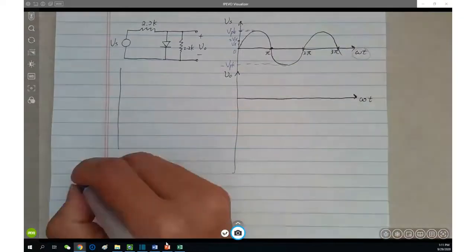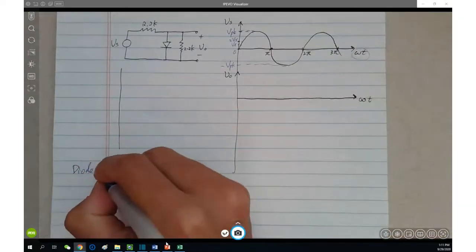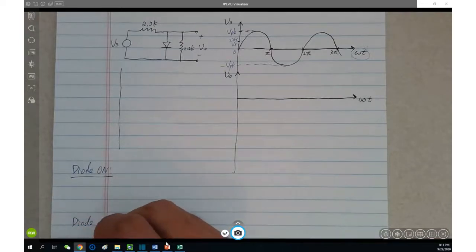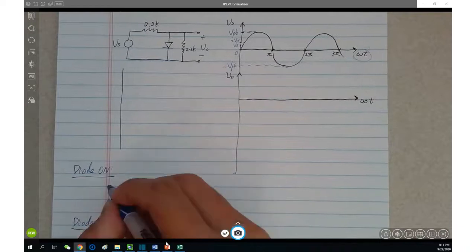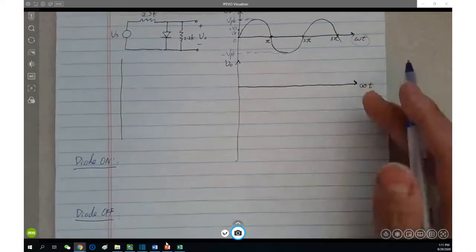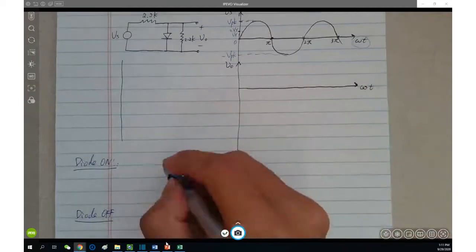If it's still not very clear, then we can think in this way. No matter what, you only have these two states. So when the diode is on, what is the circuit?